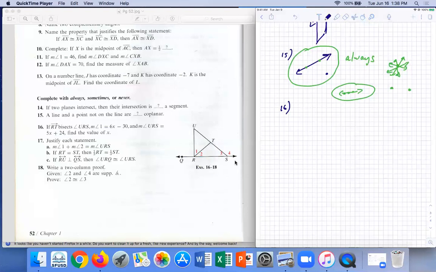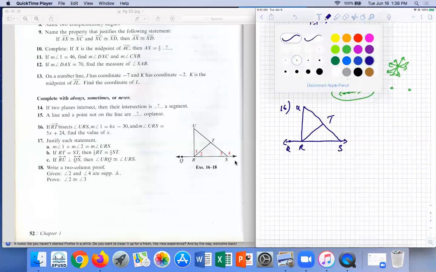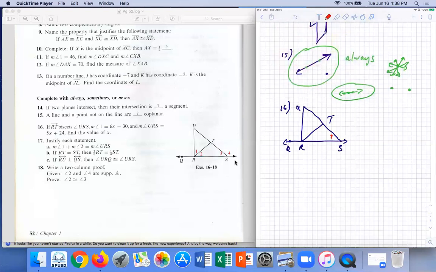So 16, if you can, I would always try to redraw, right? And on tests, if it's allowed, I would also mark up your tests, because sometimes marking it helps, right? So here's T, here's S. Let's go angle 3, 4, 1, and 2.